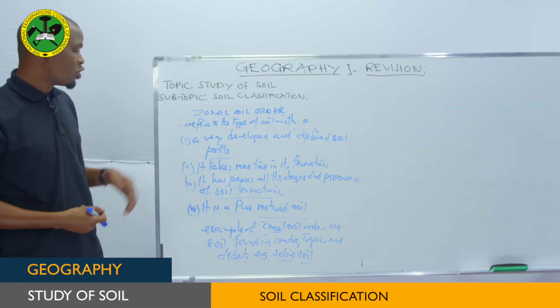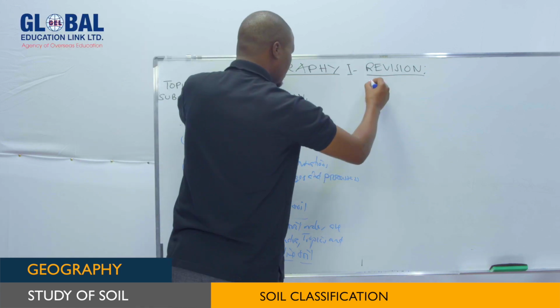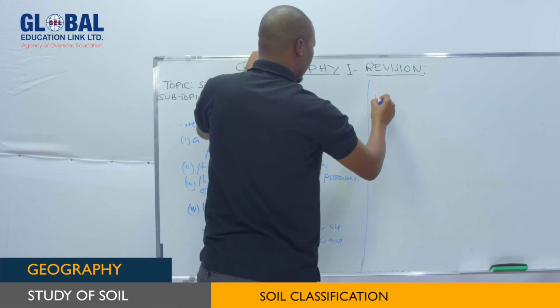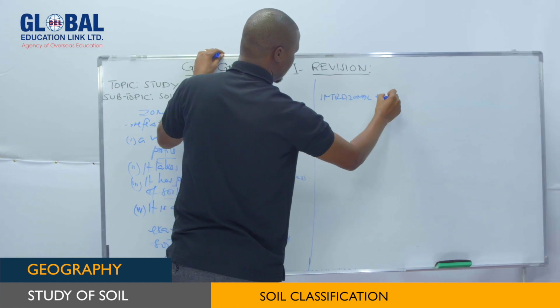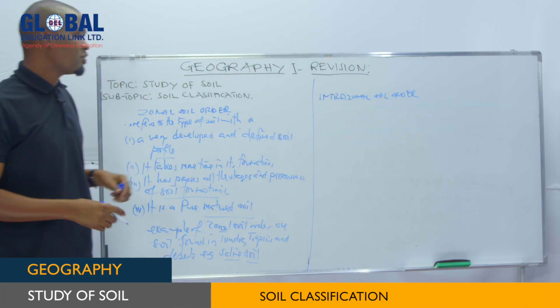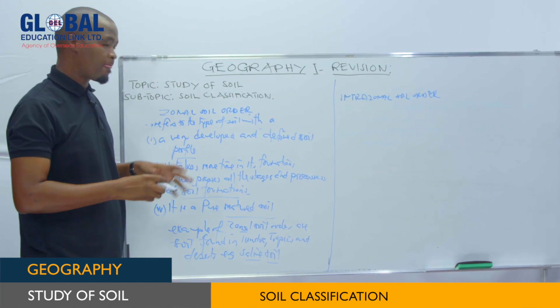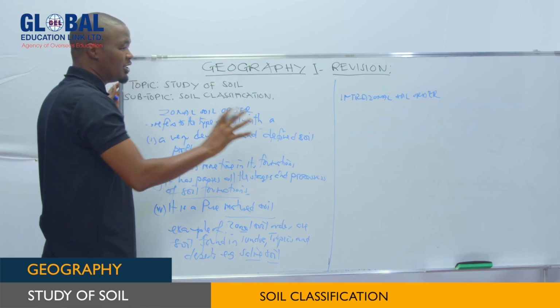Are we together? Then we go to the second type of soil according to order, which is intrazonal soil order. It means it refers to the type of soil which is grouped with its characteristics.